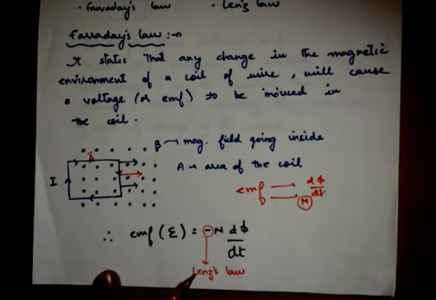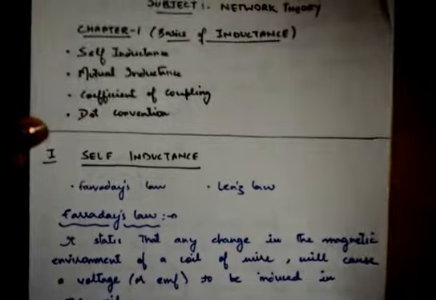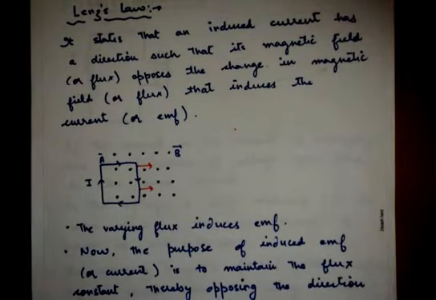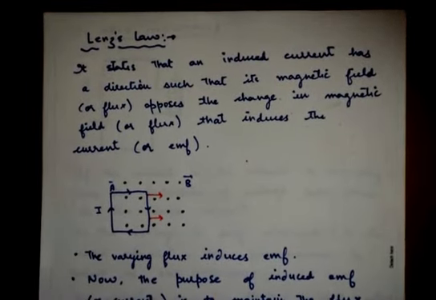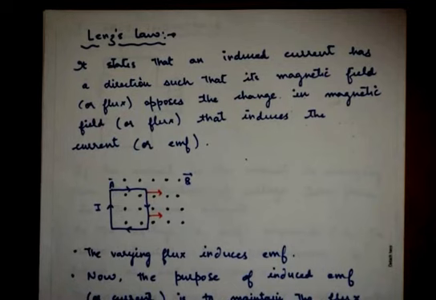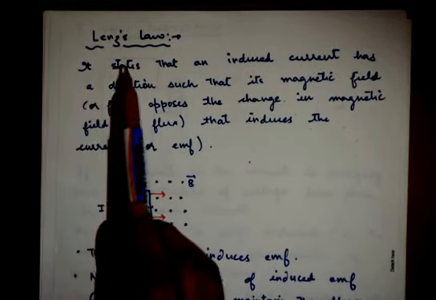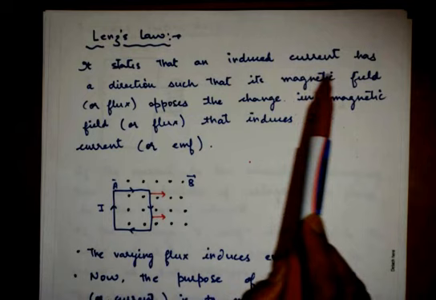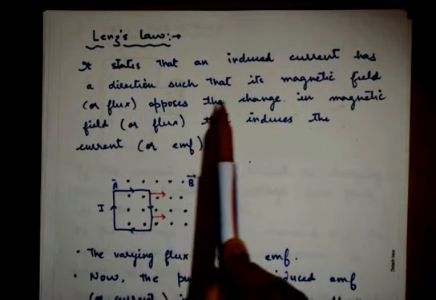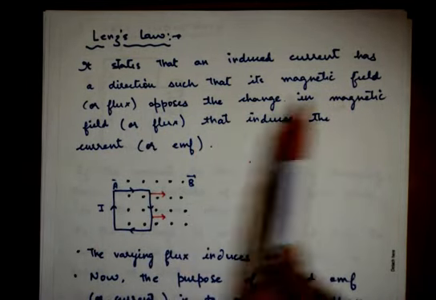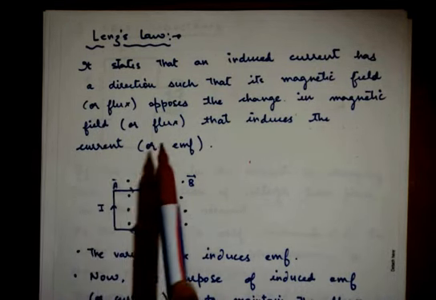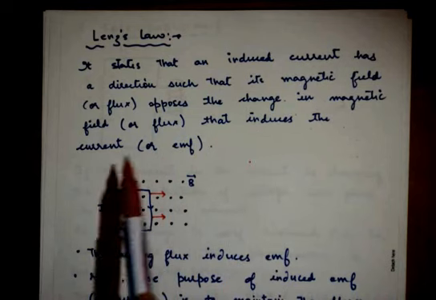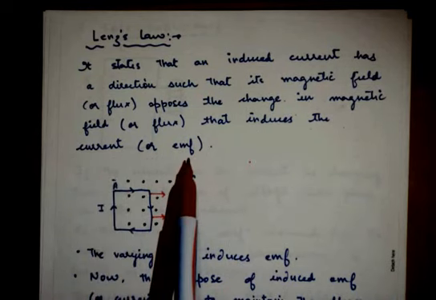Alright, so let's look at Lenz's law also. First we will discuss its definition, what it says. It states that an induced current has a direction such that its magnetic field or flux opposes the change in magnetic field or flux that induces the current or EMF.